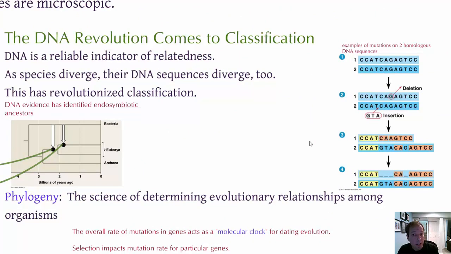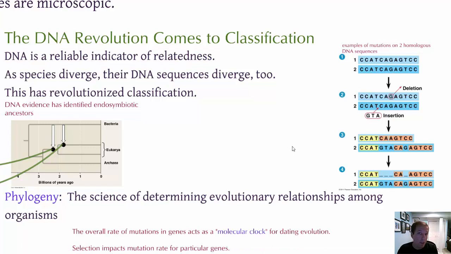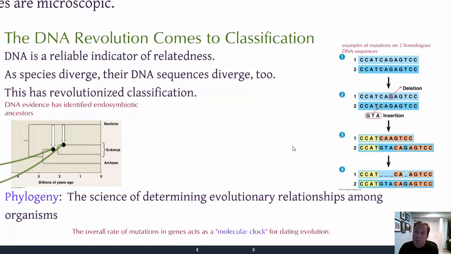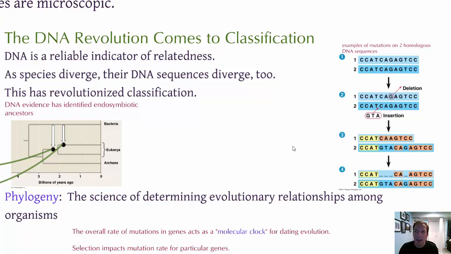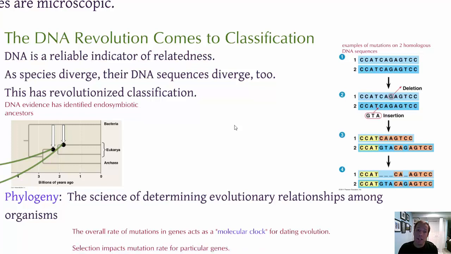The revolution really comes with DNA, because DNA is a much more reliable indicator of relatedness. While characteristics may or may not be important features, and scientists can argue and debate about the merits of choosing one characteristic over another, when utilizing DNA, there is much less need for inference and interpretation.